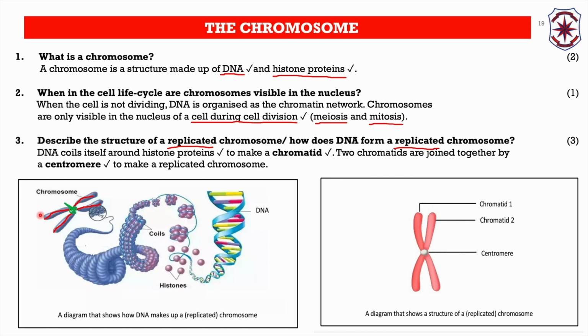And this forms a replicated chromosome. A replicated chromosome has two chromatids that are joined together by a centromere. So like we said, when you analyze the nucleus of a cell and you see these structures called chromosomes, that indicates that either the cell is just about to divide or it is undergoing cell division. Okay, let us move to the next slide, where we are going to look at a simulation of this that we have been describing.